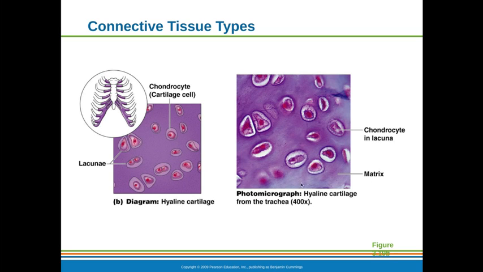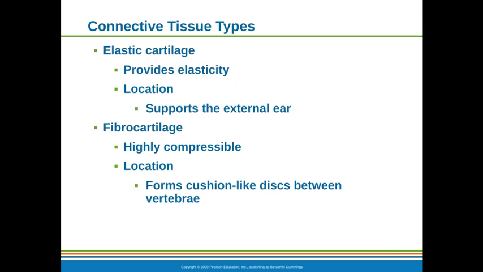Okay, so in this photomicrograph, the cells themselves, the chondrocytes, are actually pretty small, as are the lacunae. And then it's this matrix they produce outside of them that is the bulk of the volume, so to say. Now, again, it's flexible. In this instance, we need it to be flexible so that our rib cage can expand and contract with respiration.